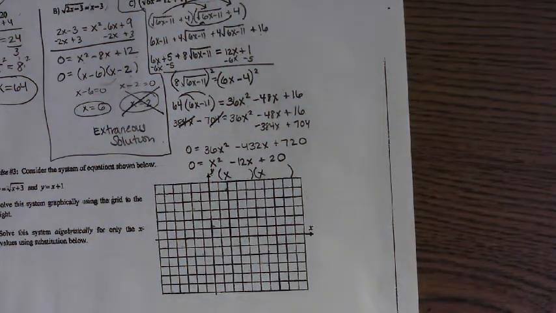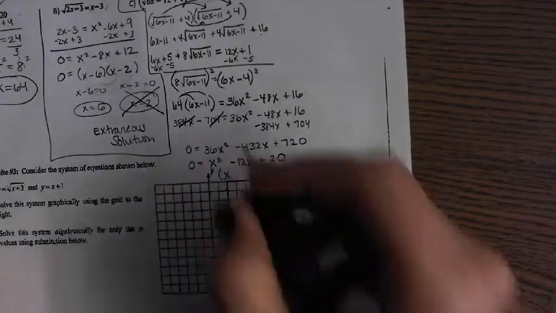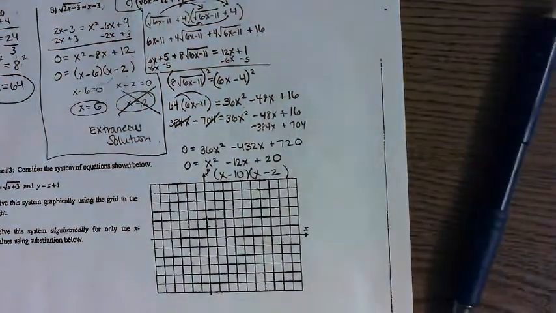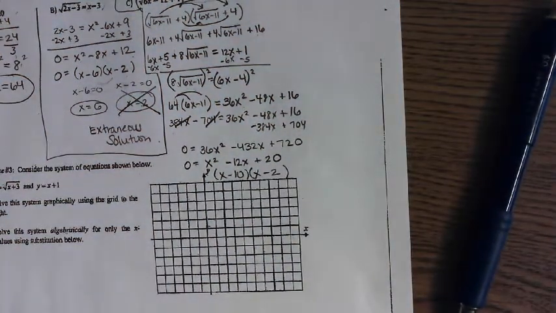What are our two numbers that'll give us 20, but will combine to negative 12? Chloe? Tell me about my signs. Plus 10 and both negative. Minus 10. Minus 2. And Chloe, tell everybody how you know they're both negative.